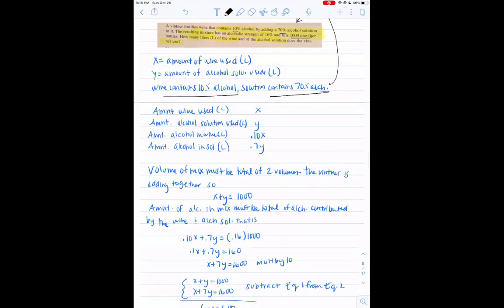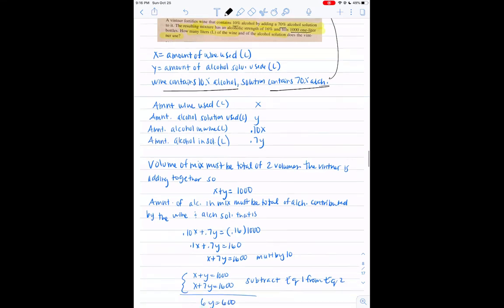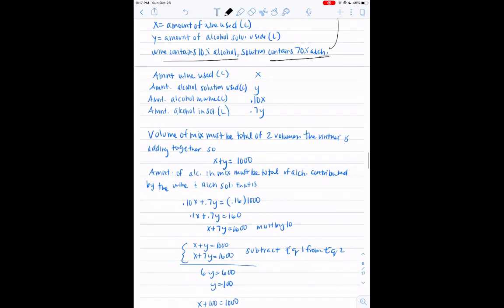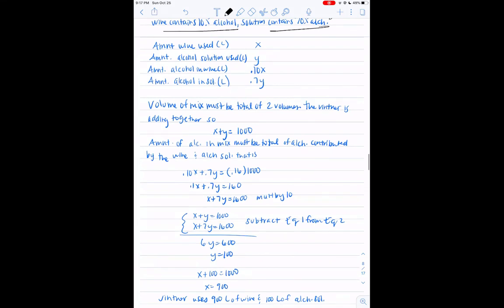So the amount of alcohol in the mix must be the total of the alcohol contributed by the wine and alcohol solution. So that means that my 0.10X is the amount of alcohol in the wine, plus 0.7Y is the amount of alcohol in the solution, and that has to equal the resulting mixture's alcoholic strength of 16%, so 0.16 times 1,000.